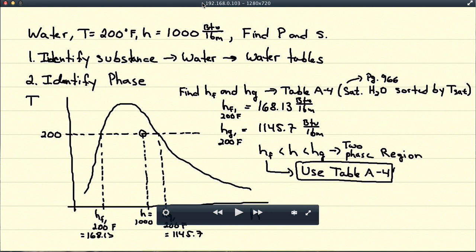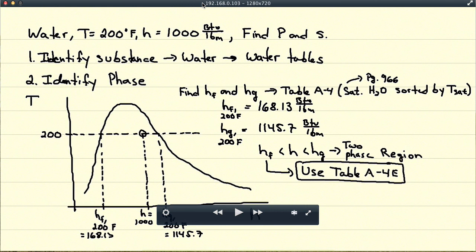Once you know the phase of your substance, then knowing which table to use is perfunctory, right? It just comes right out of knowing what the phase is. Okay, so now that we know that we need to use table A4, and to be very rigorously clear, I'm being a little bit sloppy here, because we're dealing with English units, this is going to be table A4E. All right, so we're going to use table A4E.